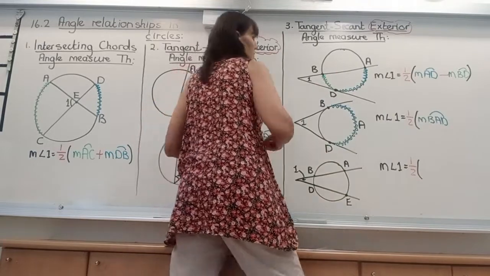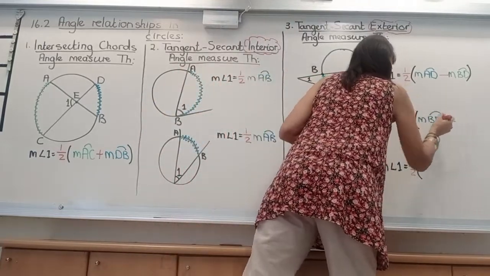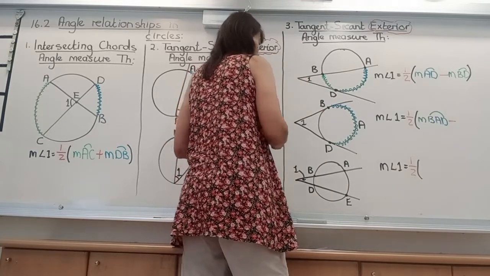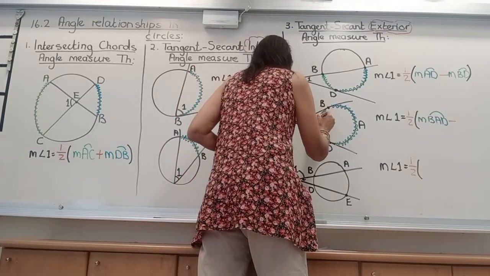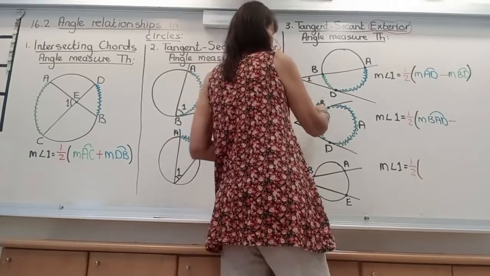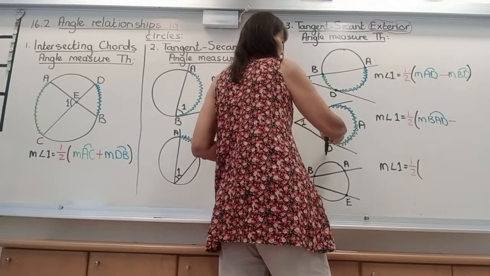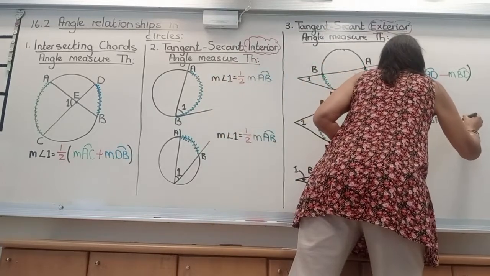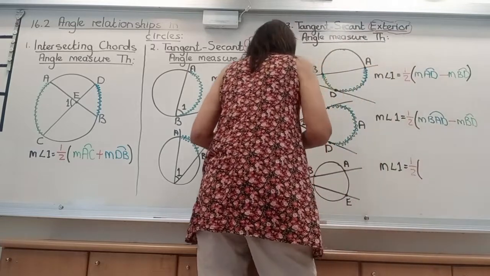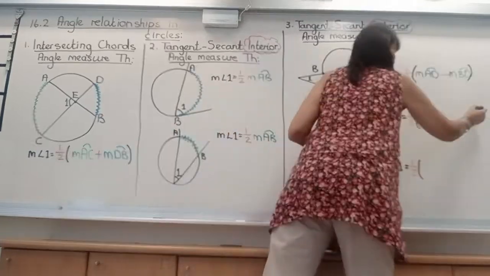We always, when it's exterior, subtract. And what are we subtracting? The one closer to the angle. So we're going to subtract the arc BD. Measurement of BD. And I need to close the parenthesis.